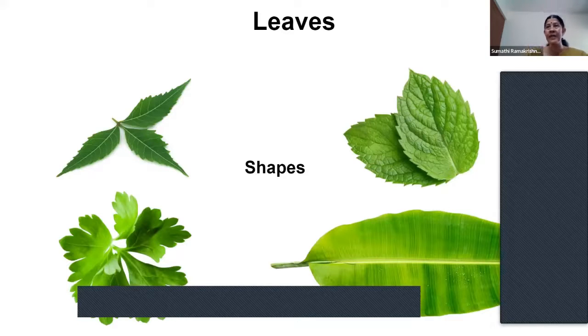These are the common leaves which every one of us frequently uses. We use neem maybe for medicine or for puja. Mostly we have mint at home for medicinal values, and coriander we use daily in food, and banana we use to eat food.